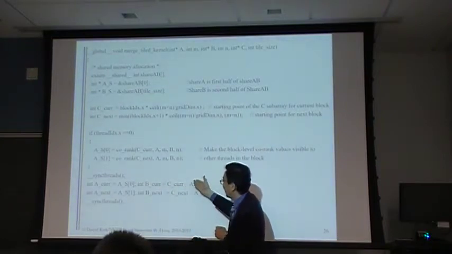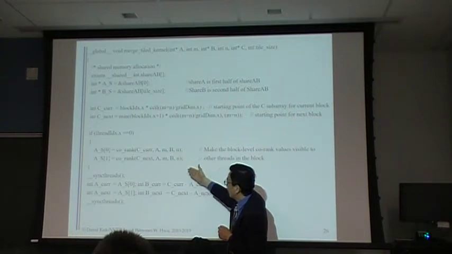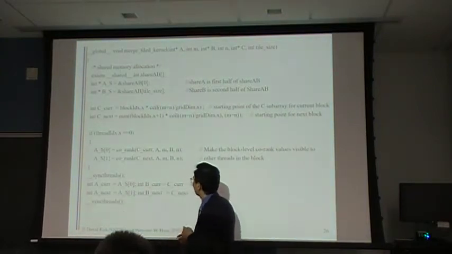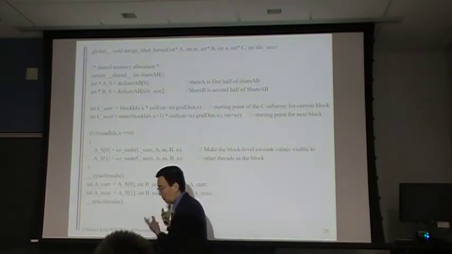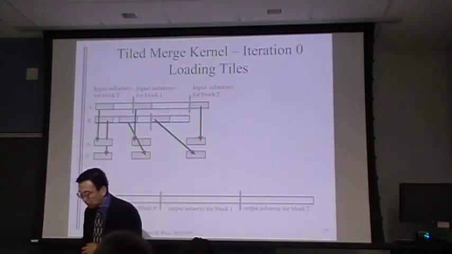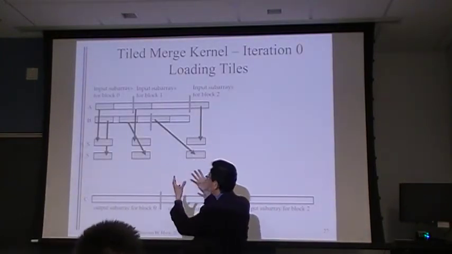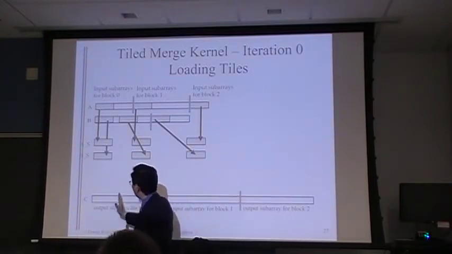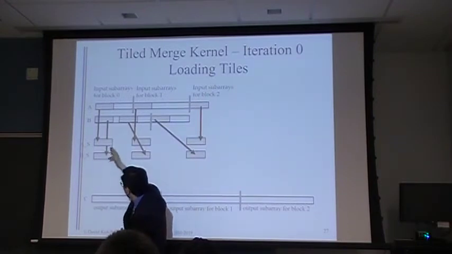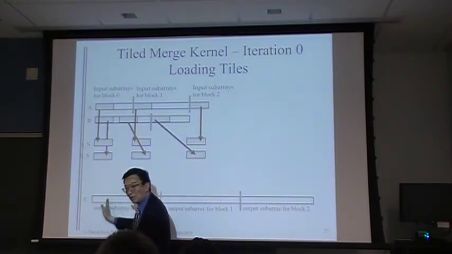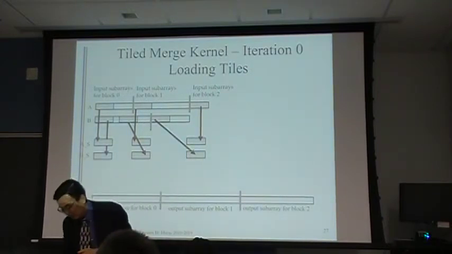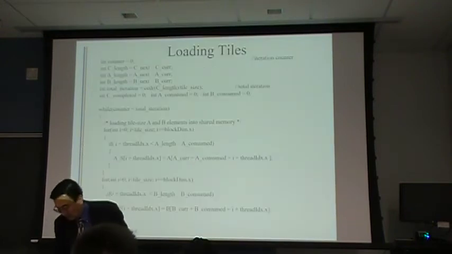Then we can place the values into the shared memory so that all the threads will have access to these beginning and ending points. And then we'll first load enough A and B to be able to fill the first tile of C. We're going to iteratively go through this and fill all the smaller sections of C.